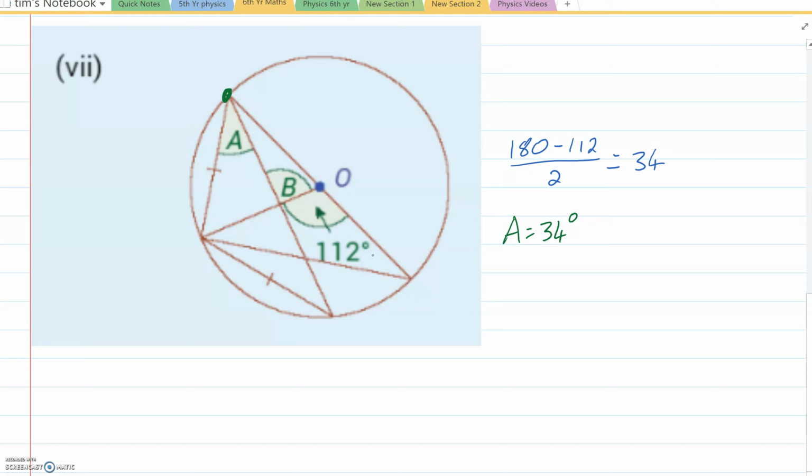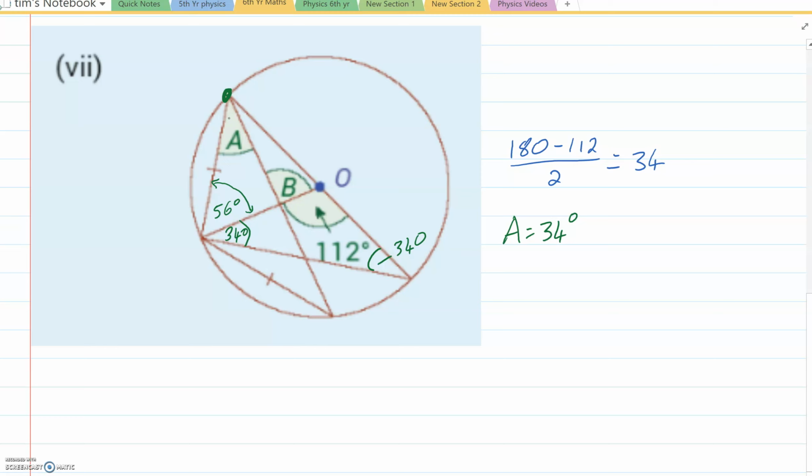Well, I know from here before that this was 34 degrees. Therefore, this here is 34 degrees. This total angle up here is 90 degrees. So this has to be 56 degrees here. Okay, so that angle there is 56 degrees. 56 and 34 give you 90 degrees.